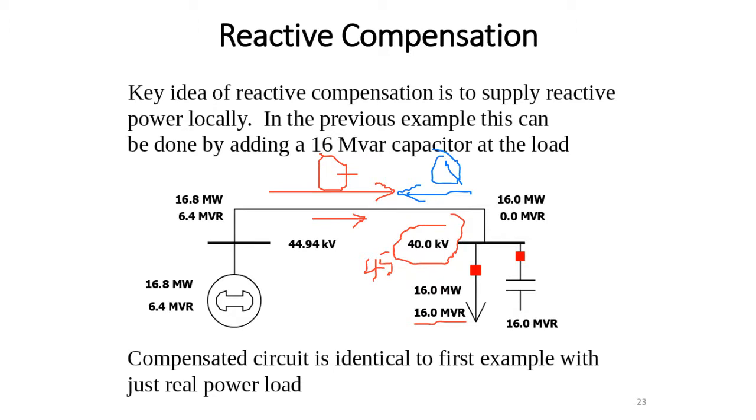So for example, if this one here is 45 with an angle of 0, this must be 40 kilovolt with an angle of minus something, maybe 6, but it must be negative.